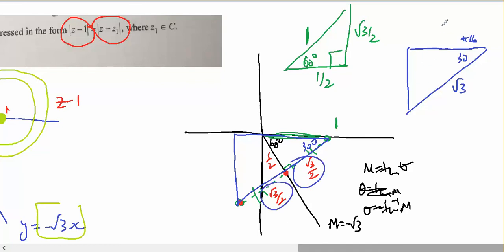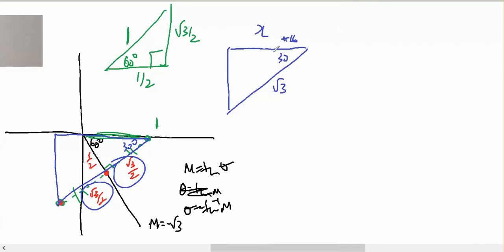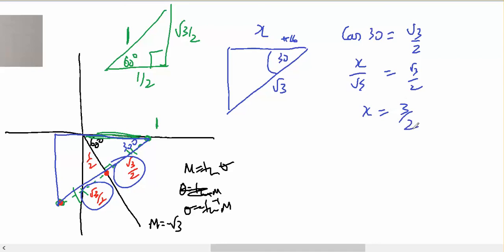So I could find this distance, because the cos of 30 equals root 3 on 2, which means that x on root 3 equals root 3 on 2, which means x equals 3 on 2.